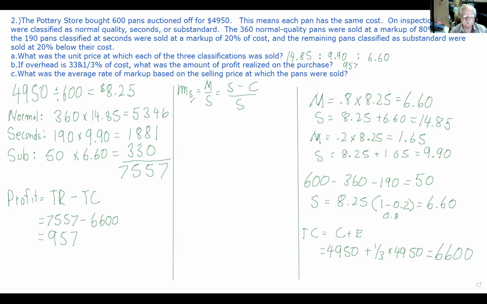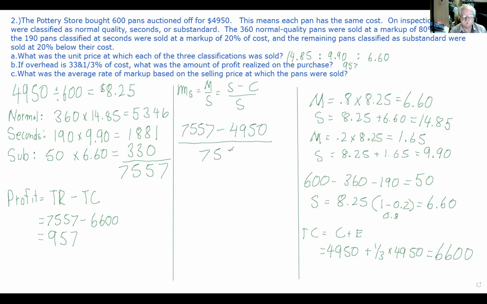And this was given to us to deal with one unit. But now we're going to stretch this concept. For selling price, we're going to put our total revenue, 7,557. But for cost, in this formula, it's not total cost, it's just cost, which we know is 4,950. But in this case, it's based on the selling price.